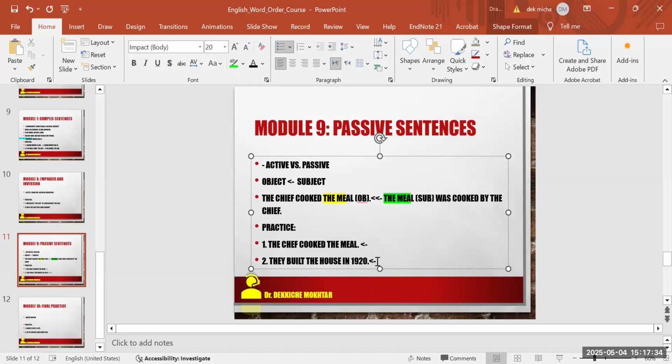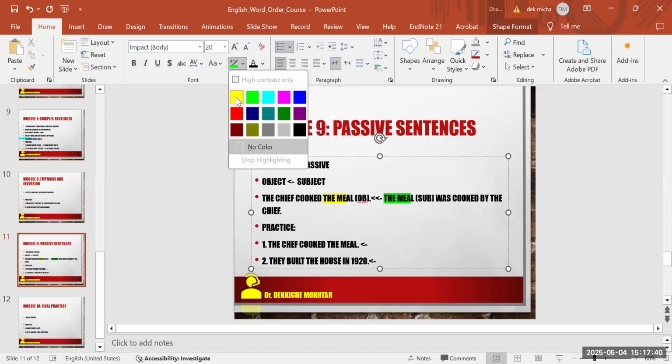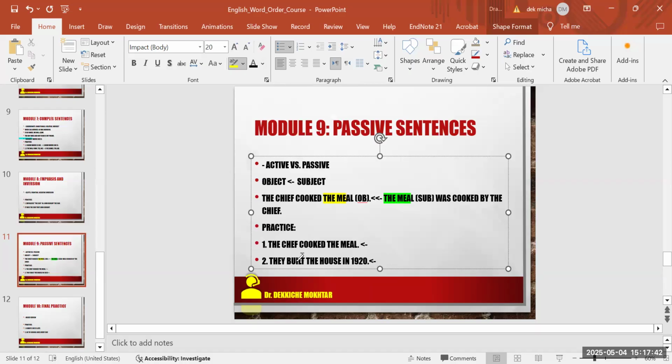First, let's identify where the object is in the sentence. The house is the object.